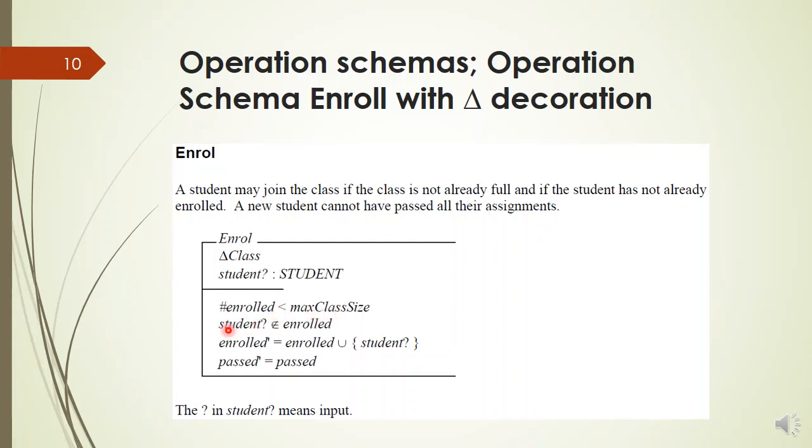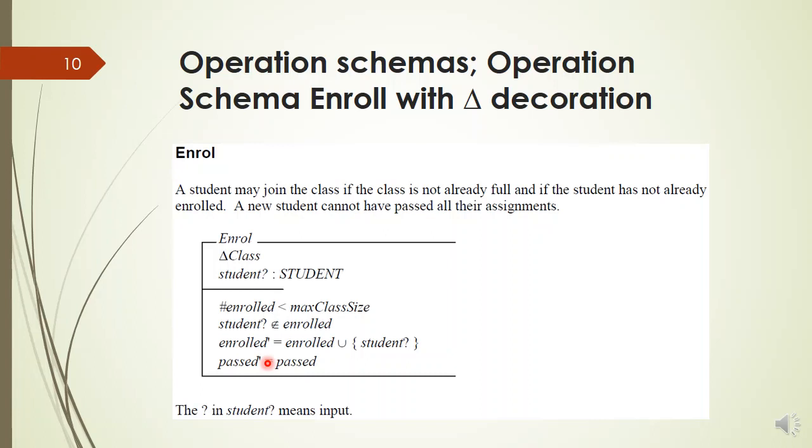And a student going to be enrolled must not already belong to the set enrolled. It means the student which is going to be registered in the class must not already be registered in the class. So these are basically two preconditions to perform the operation enroll.